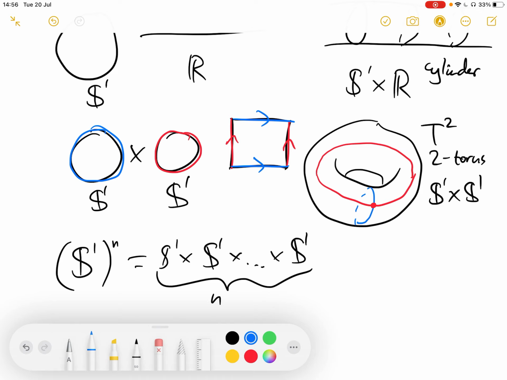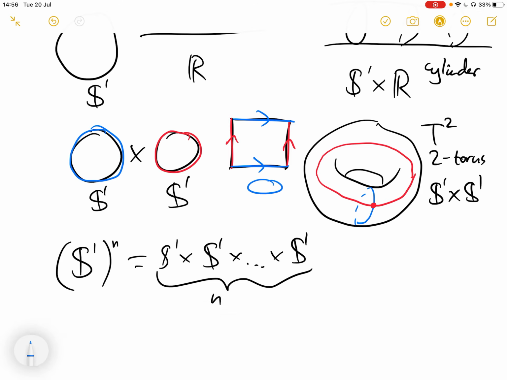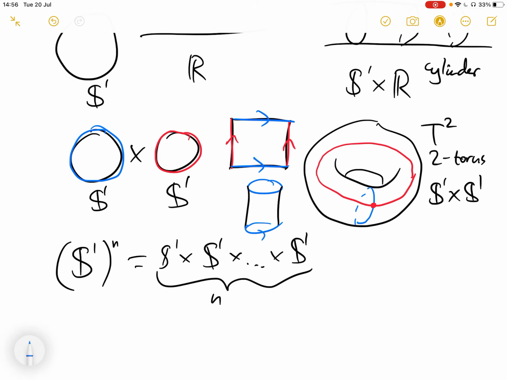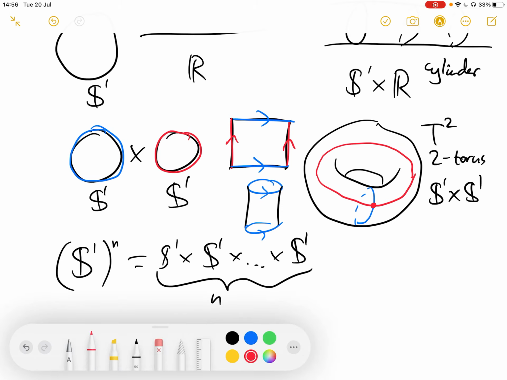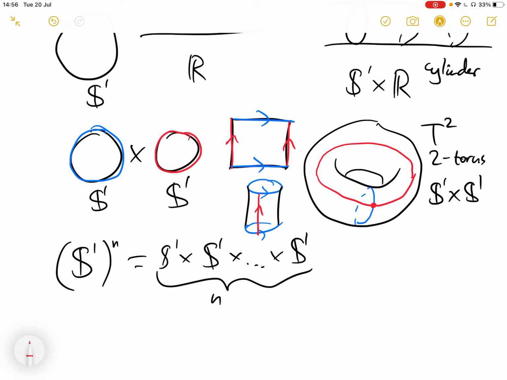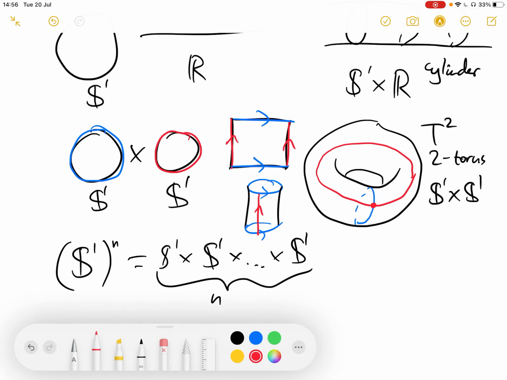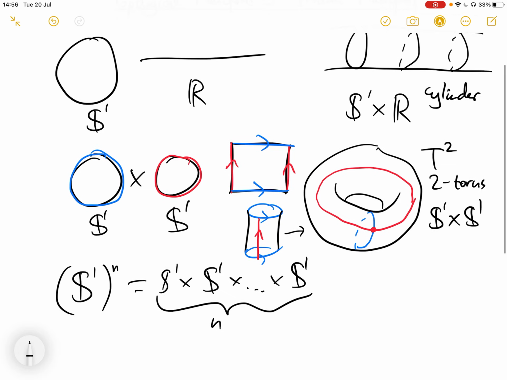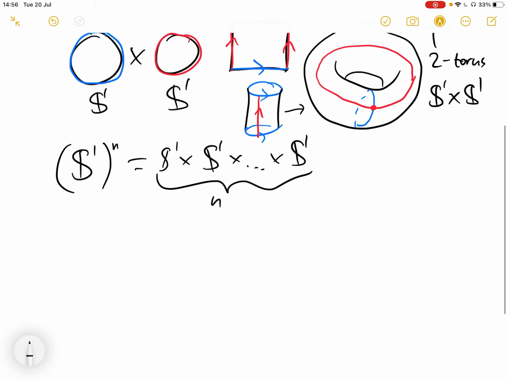Gluing together the two red sides builds a cylinder like this, and then the two red sides become a single line because they're glued together. And then if we bend this round to glue the two blue sides together, this builds the torus like this. So these are some examples of product manifolds.